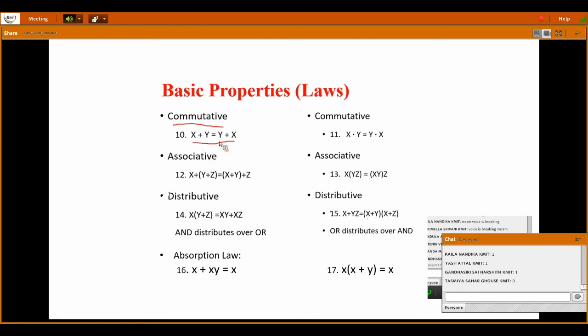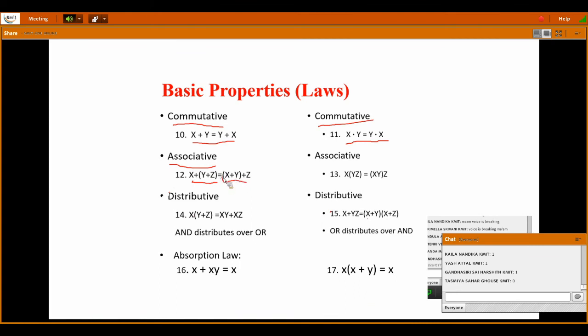X plus y is equal to y plus x. Similarly it is written in the AND form: x dot y is equal to y dot x. If you do it this way or that way, you will get the same answer. And associative law: x plus y plus z is equal to x plus y in brackets plus z.